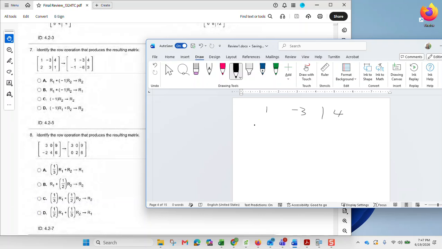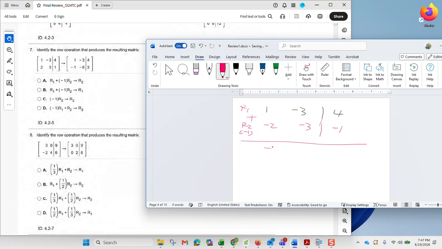So row 2 times -1 will be -2, -3, and -1. Okay, so that's row 2 times -1. And then if you add these two together, let's see what we get. So add these two rows together, right? Row 1 plus row 2 times -1.